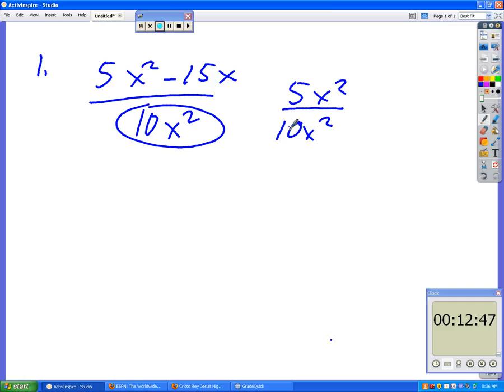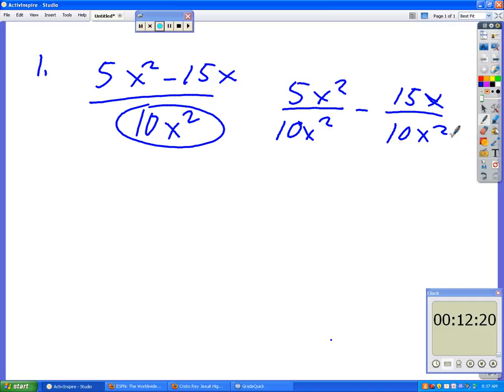Then you take the sign and keep it. Then you take 15x, the second one, and put it over 10x squared. This is your common denominator. I can write it this way, or I can write it this way. They're the same.